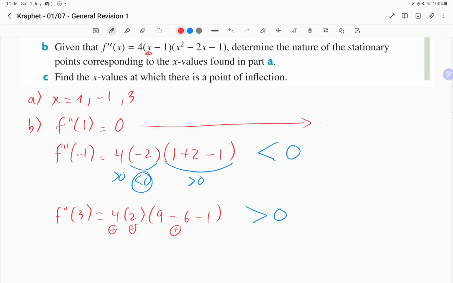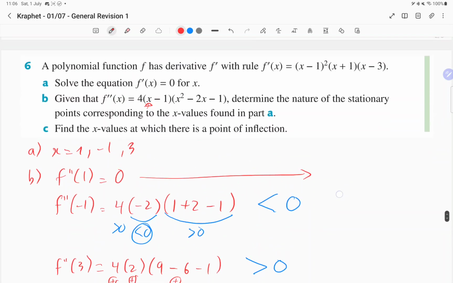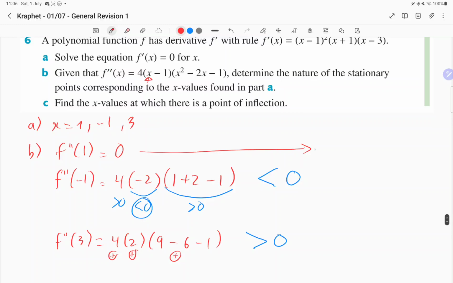So from the first one, I can conclude the nature of the stationary points. The stationary point at x equals 1 is a stationary point of inflection because the second derivative equals 0. The stationary point at x equals -1, now how do we tell? Second derivative less than 0, so this one means concave down.